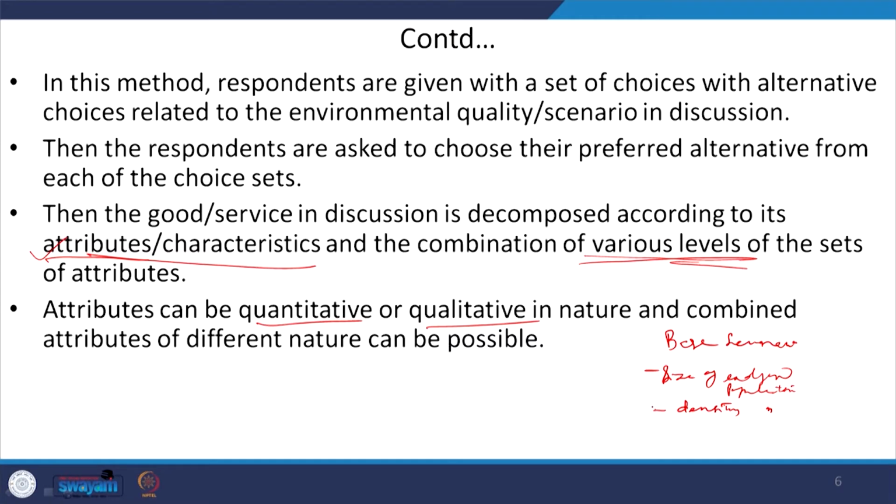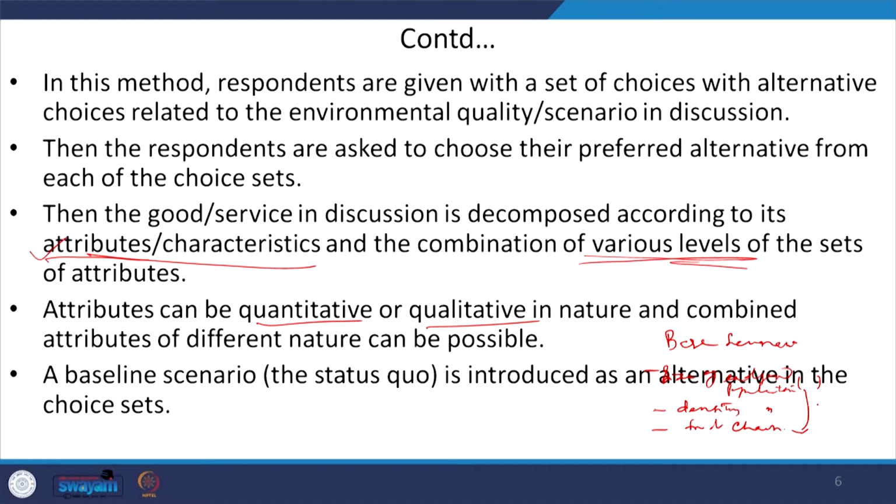Then we can also say the food availability for them, the kind of food chain, and we can also combine these quantitative attributes with these qualitative attributes. So, it is also possible. That is what we can say: these attributes can be qualitative or quantitative, and they can be of a combined nature.